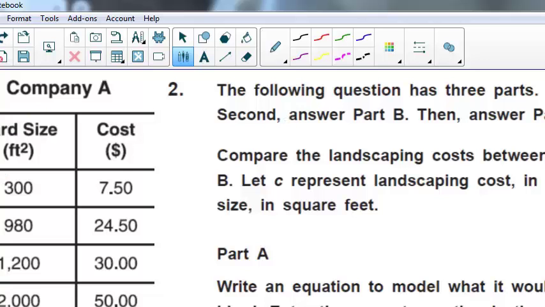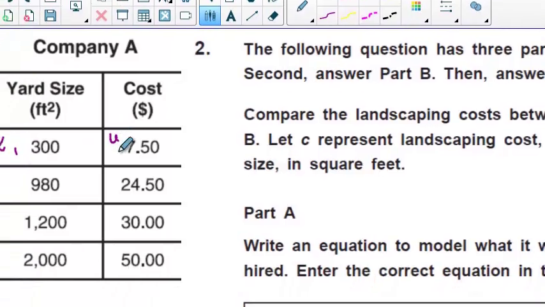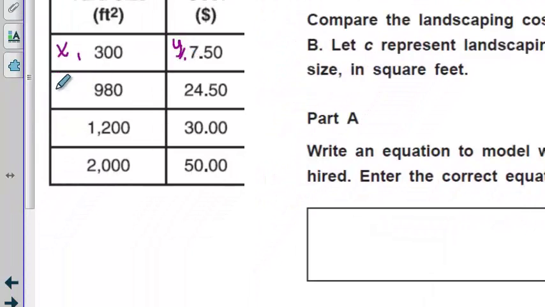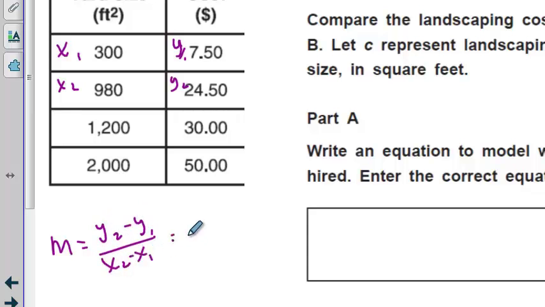Okay? So the way I can do that is by taking x1, y1, and x2, y2, and solving for the slope, because that's the rate of change, right? So this is y sub 2 minus y sub 1 over x sub 2 minus x sub 1.